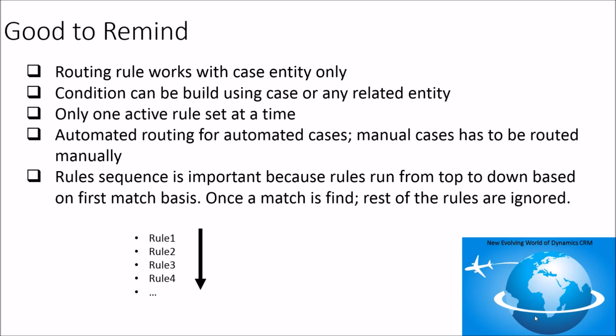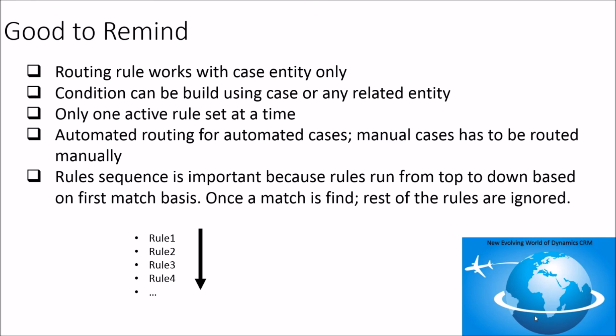And the moment it finds one matching rule, for instance, suppose rule 2 matches the condition, it will simply execute rule 2. It will ignore rules 3 and 4. So it is first match first basis. Whichever rule matches first from top to down, that is applied. All the rules below are ignored.